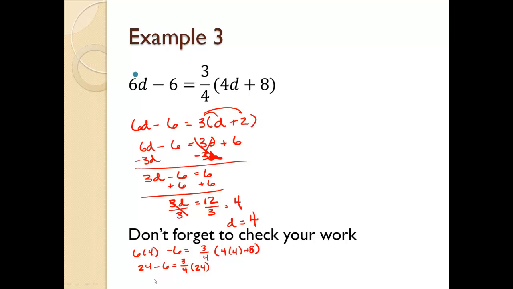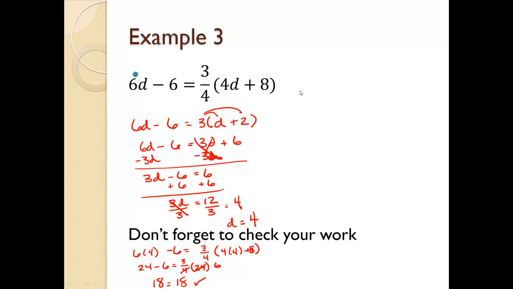Okay. 24 minus 6, 18. Over here, I've got a 4 in the denominator, and I'm multiplying by 24, so let me see if 4 goes into 24, and it does. It goes into 24 6 times. So now I have 3 times 6, which is 18, so it checks out.